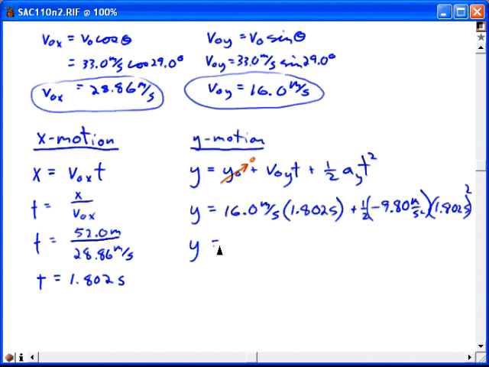Substituting that into the calculator and evaluating, and rounding it off to 3 sig figs, I get 12.9 meters for the height above ground level at which the ball hits the wall.